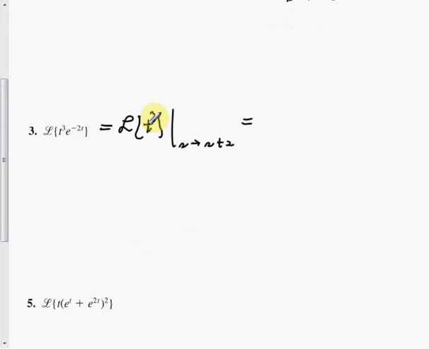So the Laplace transform of t to the third is 3 factorial all over s to the 4. S does a shift from s to s plus 2. So we have 6 all over s plus 2 to the 4th power.